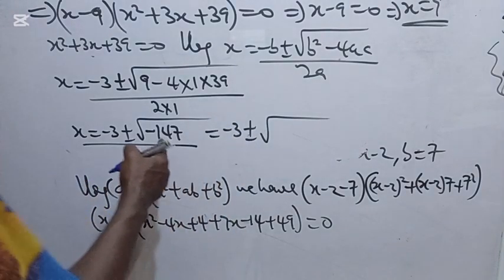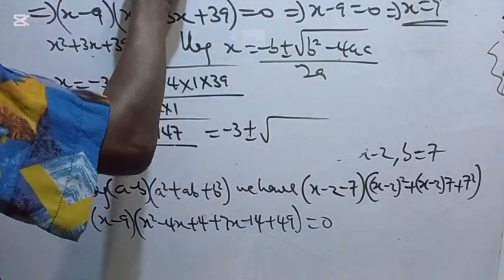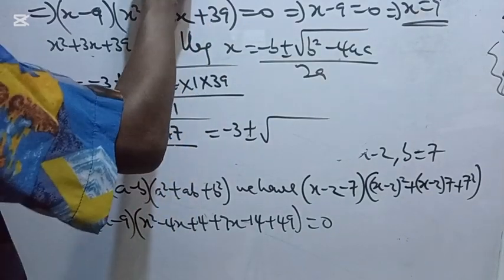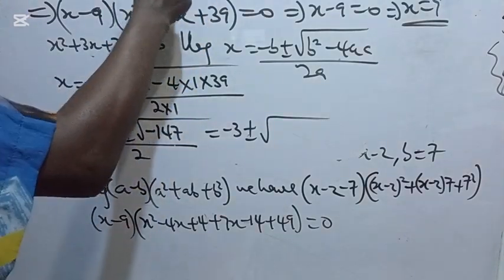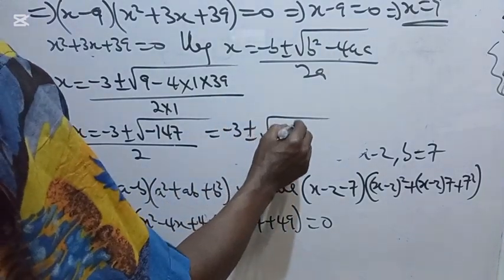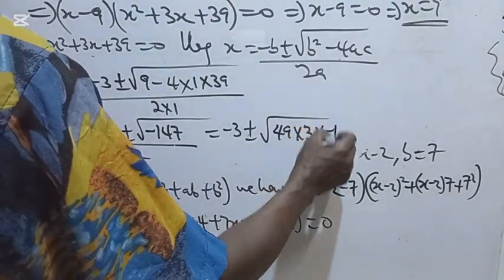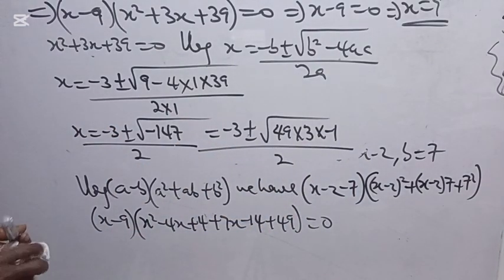Beautiful. So that means we can have 3 times 49, let's say 49, I think that will go. Yes. So we can have 49 times 3 times minus 1 all over 2. I think that is correct.